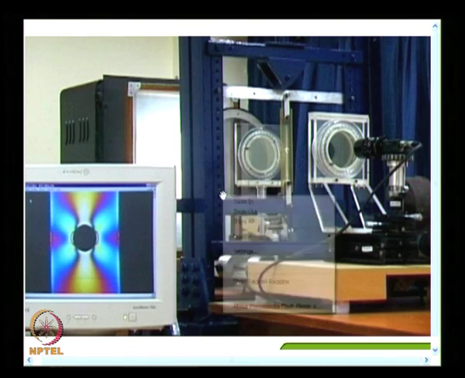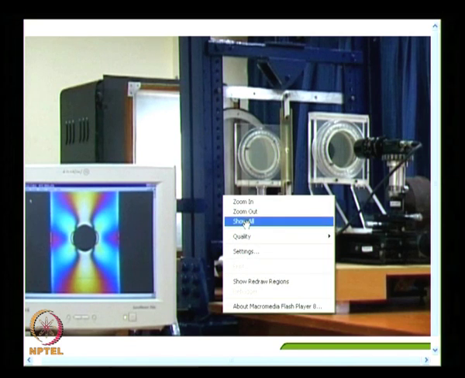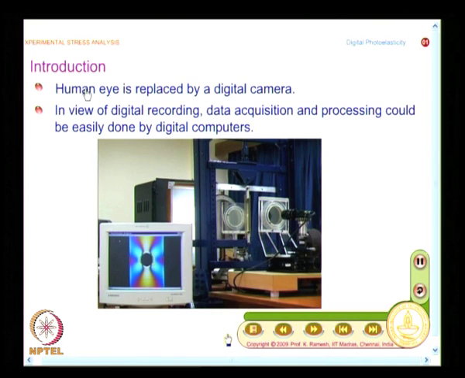So, what you see here is human eye is replaced by a digital camera, and you do a digital recording, and data acquisition and processing could be easily done by digital computers, and you call this whole branch of photoelasticity as digital photoelasticity.